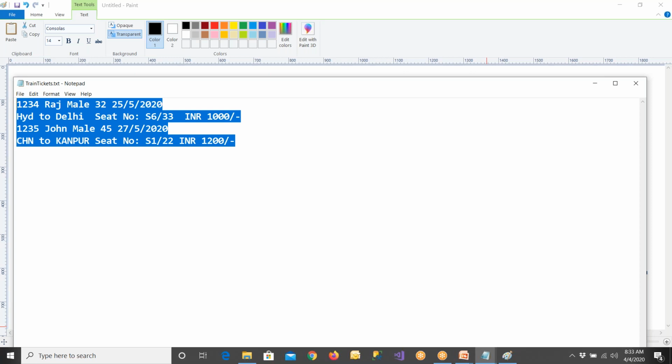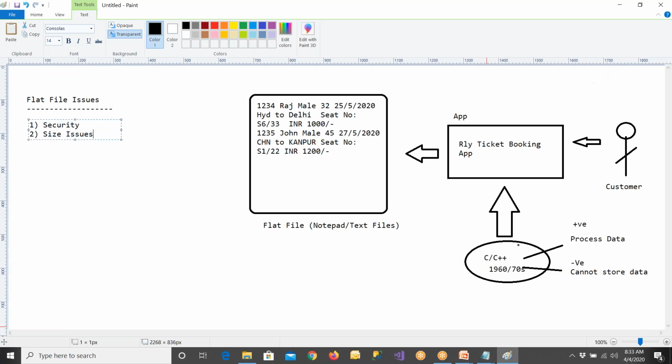Before deleting the file, they need to make a copy of the file and delete the data from this file and take the new data. So a lot of data size issues occurred. People have to delete the data, or they need to create a new file. The existing file, they have to move it to one more computer or one more drive. So a lot of size issues. It cannot take unlimited data every time. That is also one more thing that you need to understand.